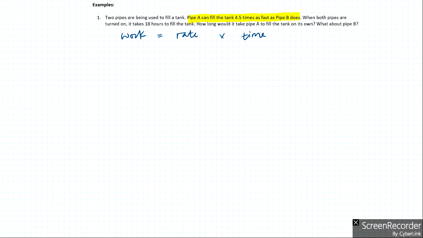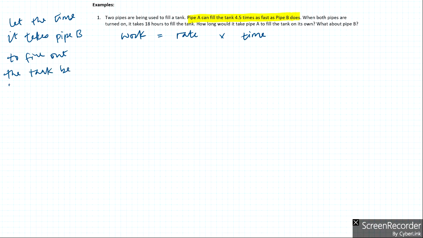So I want to use B essentially as a baseline and reflect that pipe A's rate will be 4.5 times that of pipe B. So based on this, I'm going to say that we can let the time it takes pipe B to fill the tank be T hours.